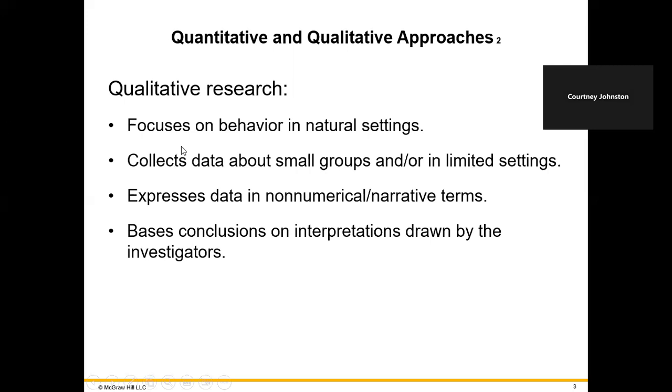In qualitative research, we're looking at behavior in natural settings. We're going to collect data about small groups or in limited settings. With qualitative studies, you might be looking at a case study, which might include one individual, or you might have 8 to 12 participants. But again, it's going to be much smaller.